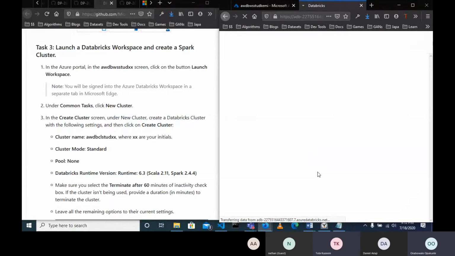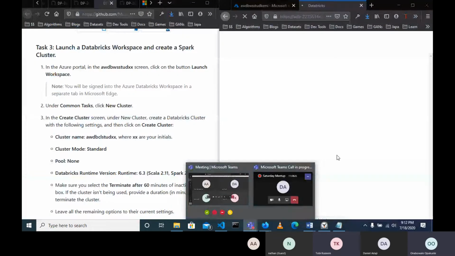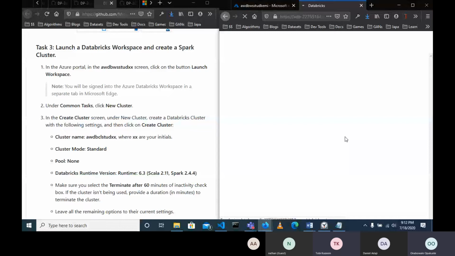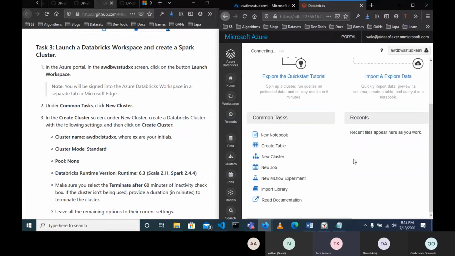Okay, so this is the user interface I was talking about.